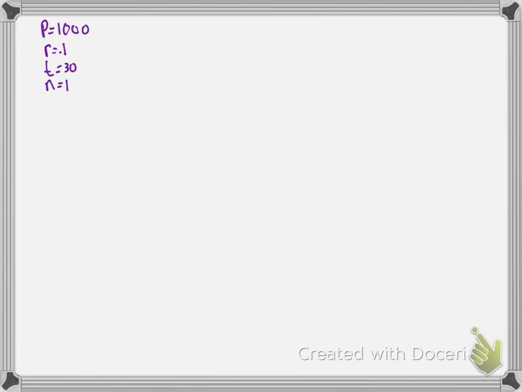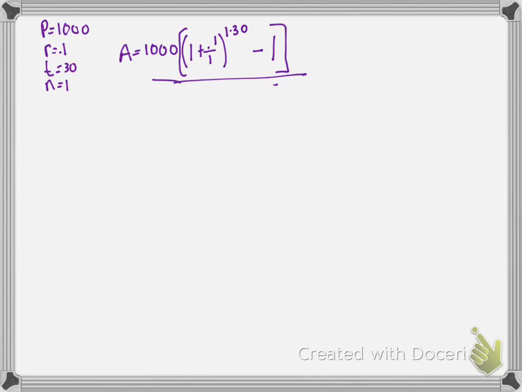We'll find this value, so $1,000, 1 plus 0.1 over 1, to the 1 times 30, minus 1. Let's make sure I put my parentheses and brackets in the right places. All over 0.1 over 1.